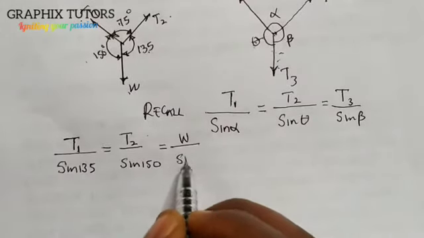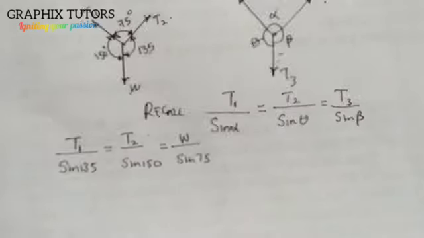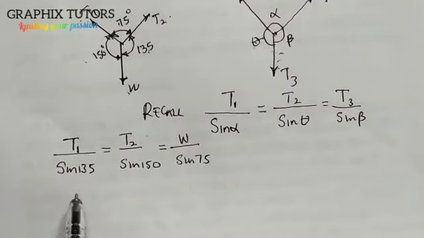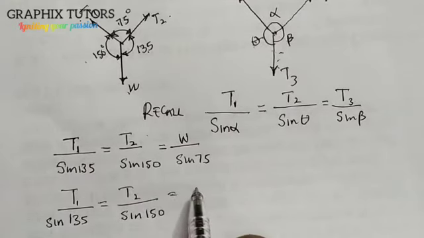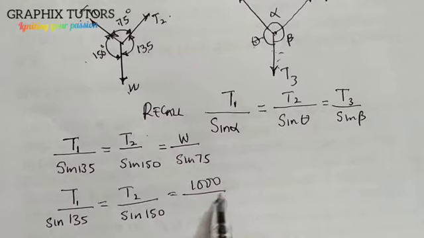So we know very well that W is given as 1000. So T1 over sine 135 is equal to T2 over sine 150, which is equal to 1000 over sine 75.